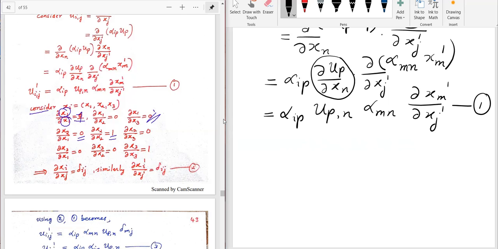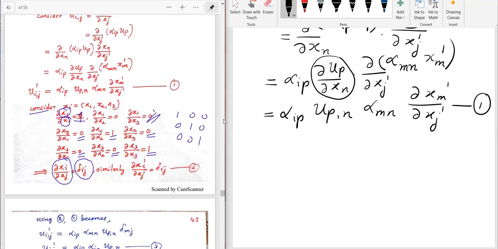Dou x2 with respect to x3 is 0. x3 with respect to x1 is 0. x3 with respect to x2 is 0. x3 with respect to x3 is 1. So we have 1, 0, 0, 0, 1, 0, 0, 0, 1. This is nothing but the identity tensor. So dou xi by dou xj is equal to delta ij.